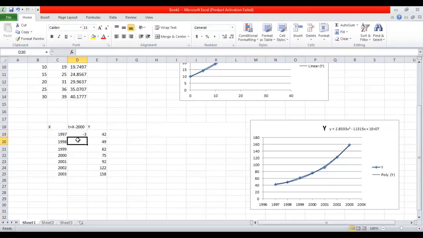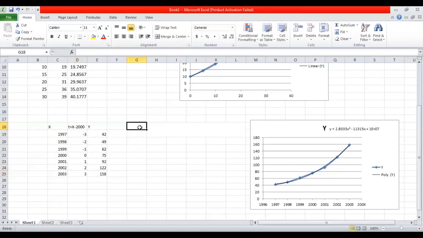You get minus 3. Similarly here, this value minus 2000, we get minus 2. Similarly here we get minus 1. Here we get 0. Here we get 1, 2 and 3.